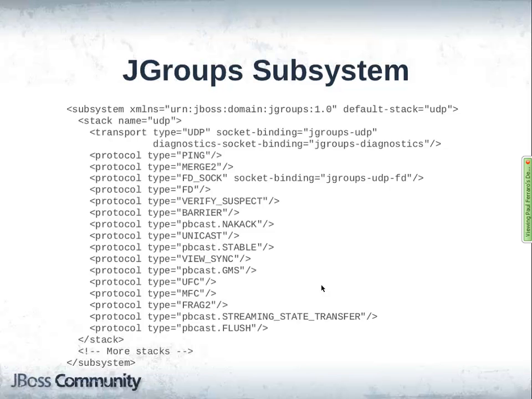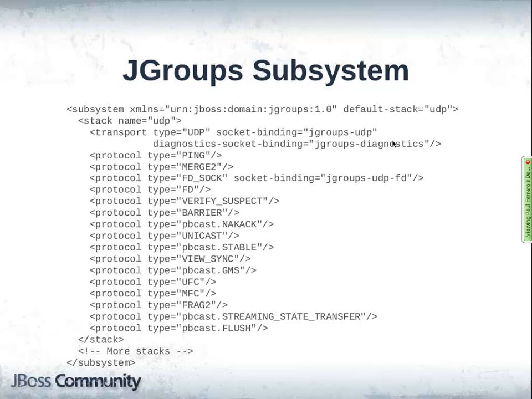The other thing you'll notice about the JGroups subsystem schema is there aren't any ports or addresses. All of those are externalized by socket binding definitions. So if you look here, my UDP transport is referencing a specific socket binding.